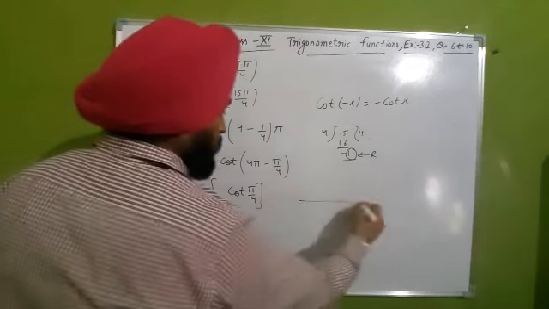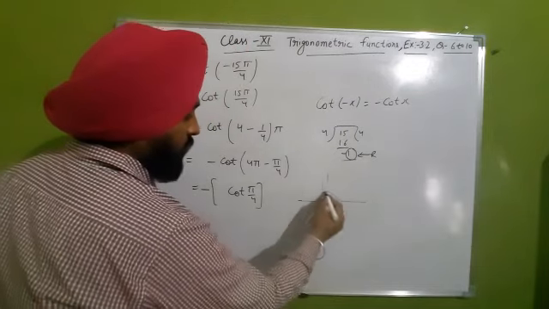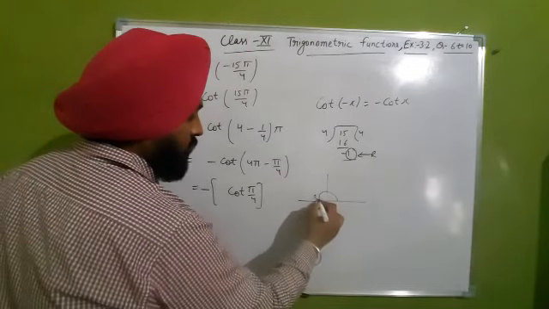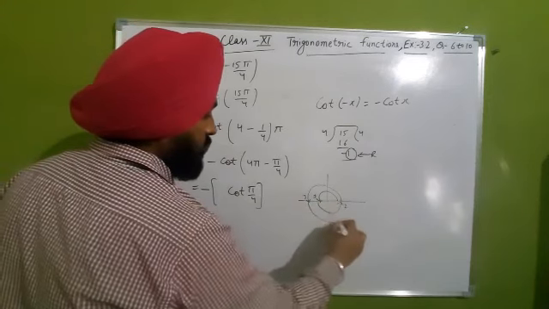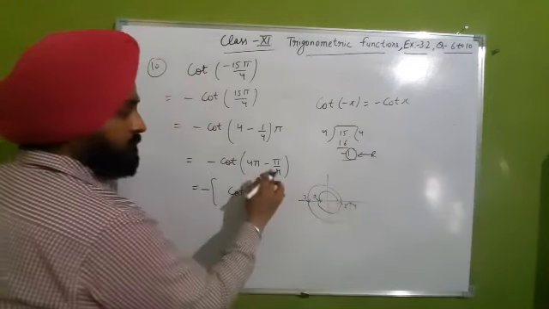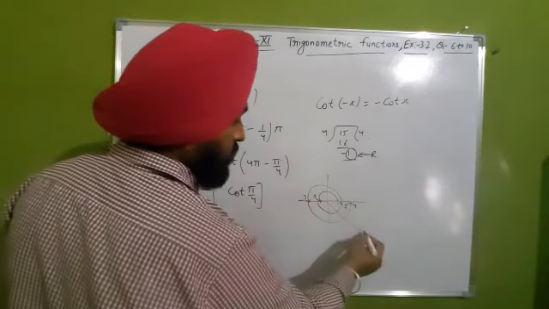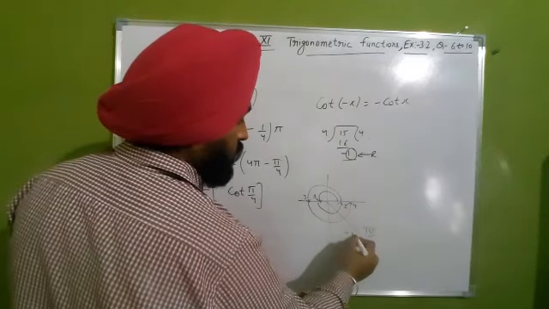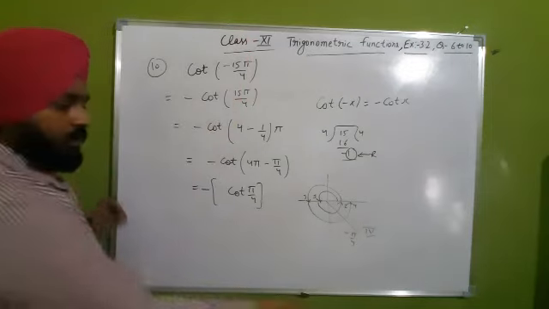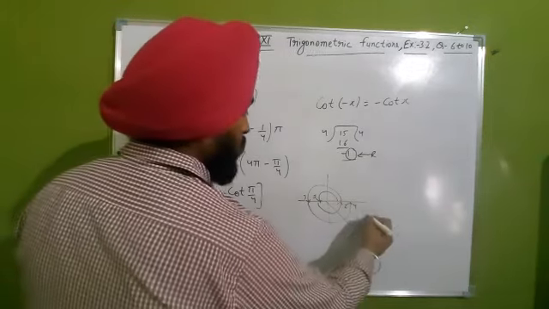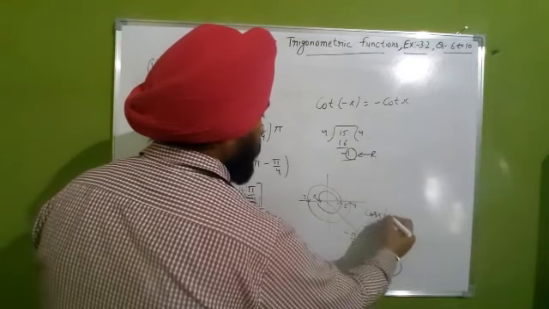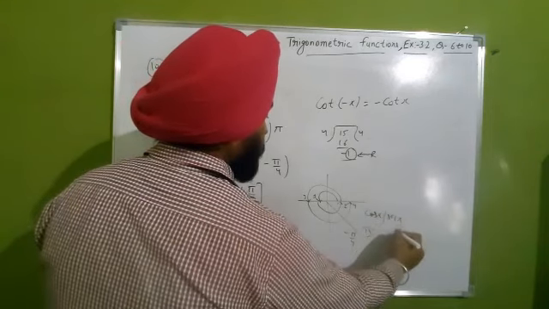But since for 1 time 180 degree, 2 times 180 degree, 3 times 180 degree, 4 times 180 degree, minus pi by 4, that means it lies in the fourth quadrant. Minus pi by 4 lies in the fourth quadrant, and we know in the fourth quadrant cos x and secant x are positive only, others are negative.